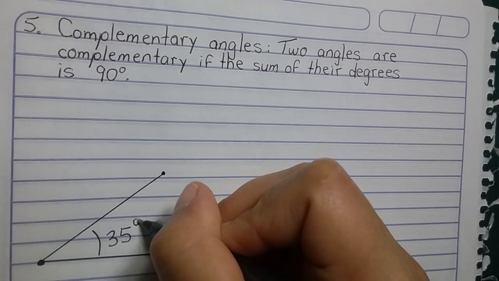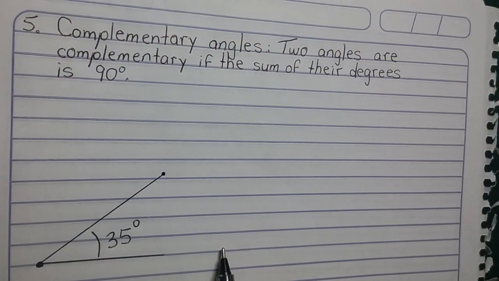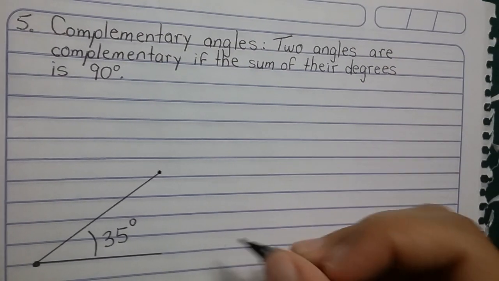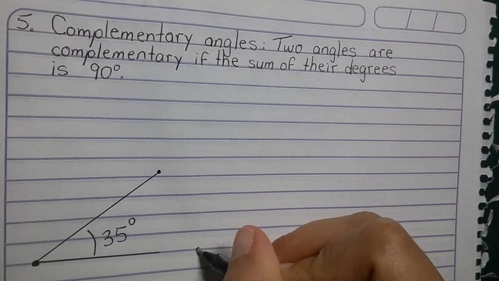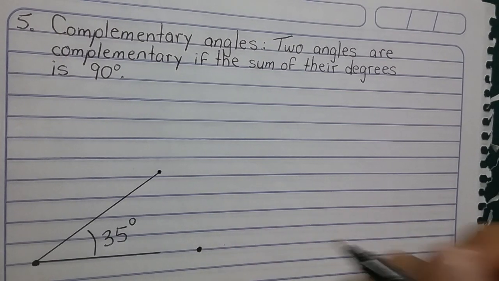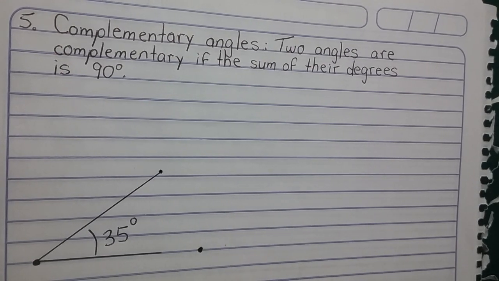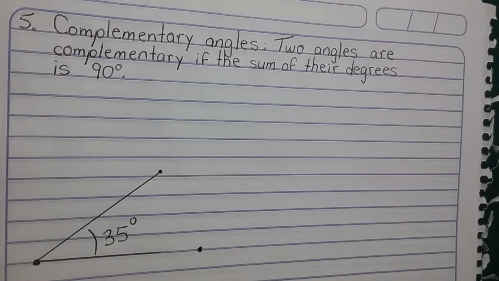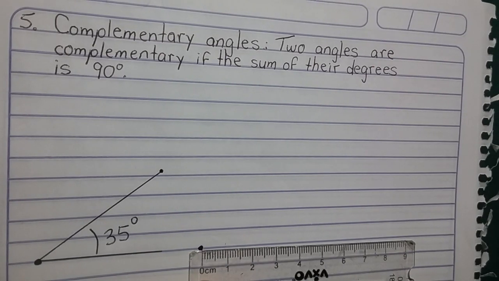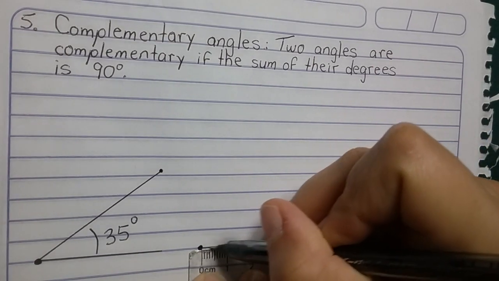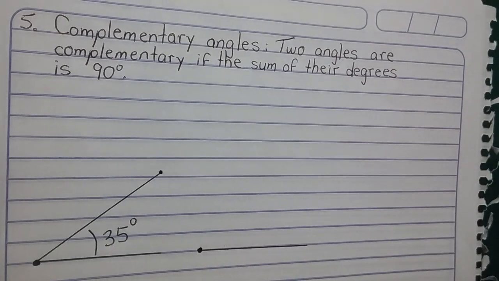Now I am going to draw another angle here. I want this angle to have 55 degrees. Let's draw a line here.